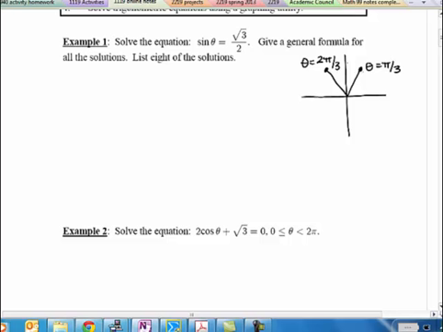But keep in mind that if I add 2 pi to either of those angles, that's going to be another solution to this equation. So what we've got is theta equals pi over 3 plus any multiple of 2 pi, and also theta equals 2 pi over 3 plus any integer multiple of 2 pi.